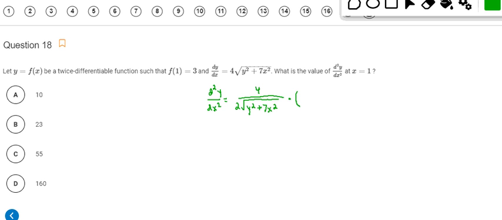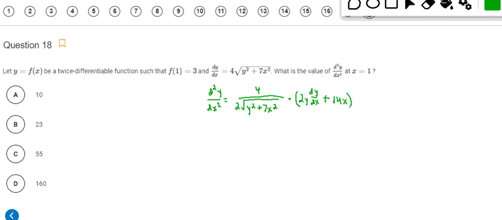So that is going to give us 2y dy dx plus 14x. Let's make that look a little better. There, plus 14x.